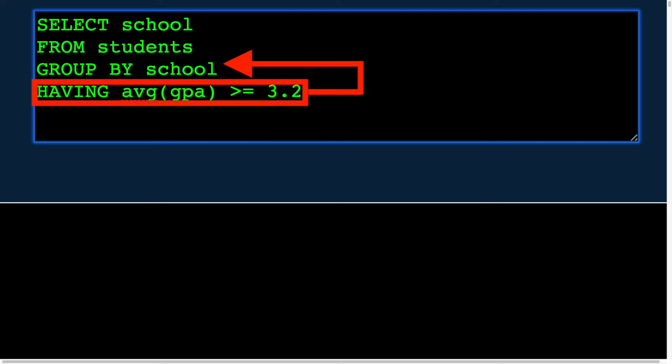So in this case, think about it as we're taking the average GPA and filtering some of them out by school. A lot of people accidentally put the school into the having clause, but you don't need to do that because the having is referencing what we already put in the group by.